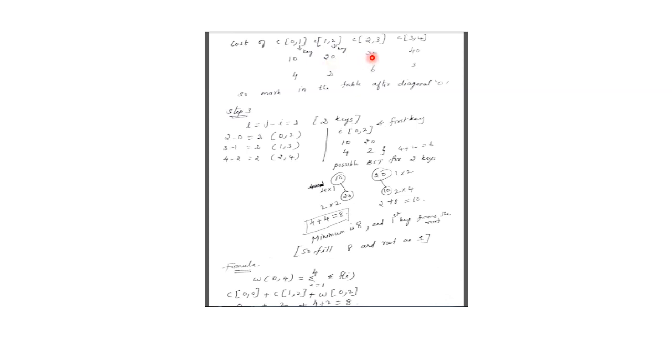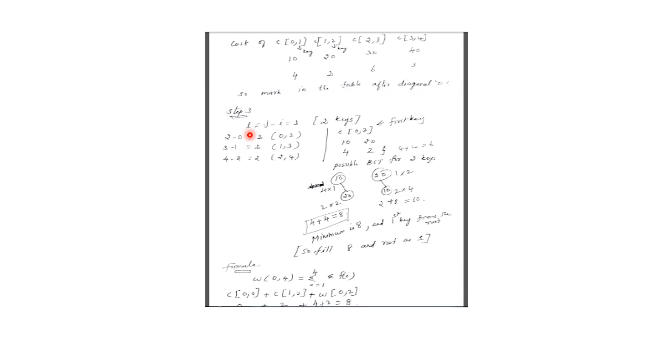The value of first key is 10, second key is 20, third key is 30 and the fourth key is 40. The frequency associated with the key is 4, 2, 6 and 3. So we have marked the diagonal element as 0 in the table, and after the diagonal element, we have to make this entry in the table 4, 2, 6, 3.